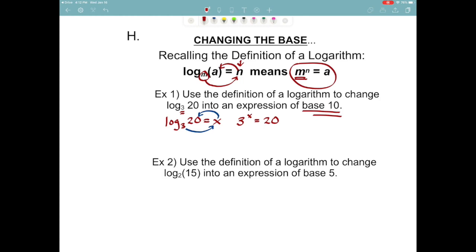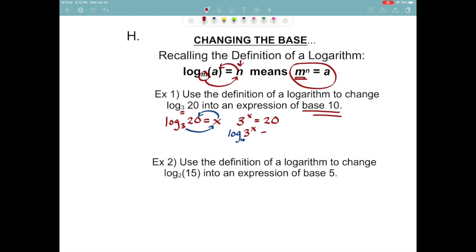And now we can use the power property of logs to help us change the base. So first thing we'll do, let's go ahead and take the log of each side. So we have log of 3 to the x. Remember, when I write just log, that means it's log base 10.